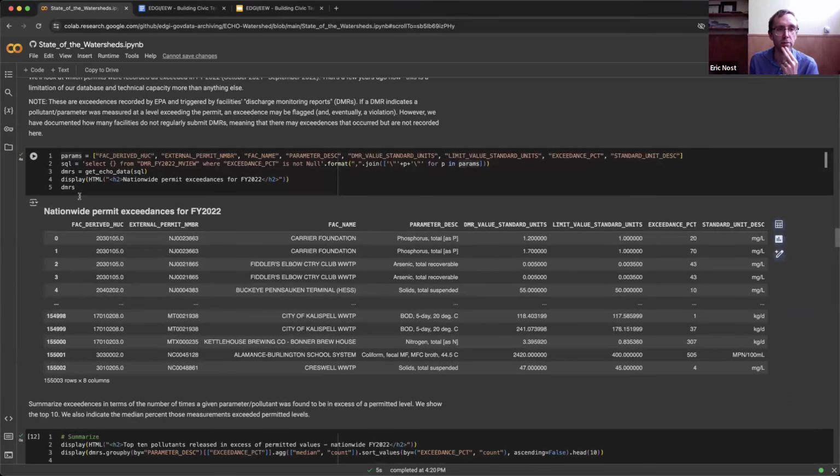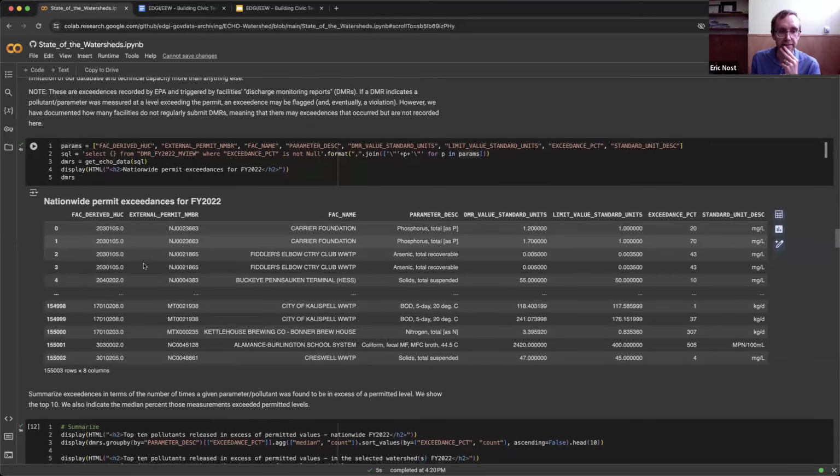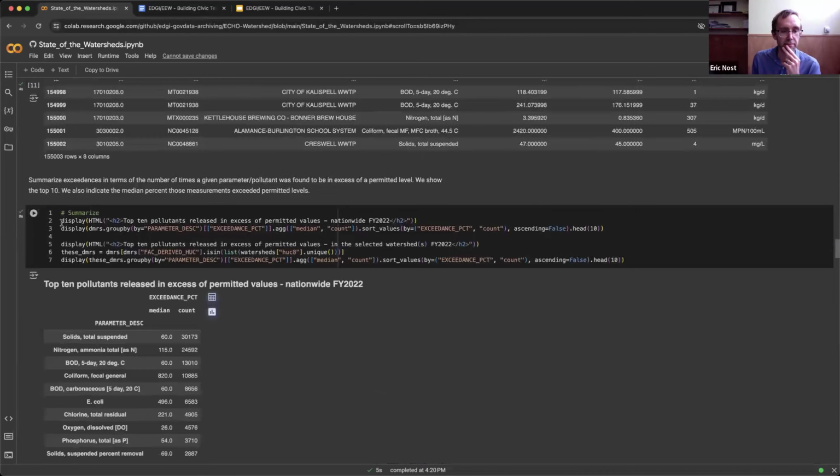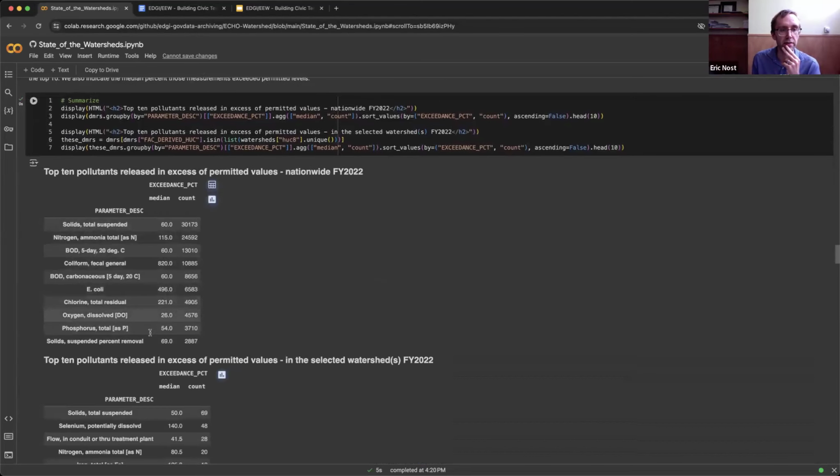And so here we're looking at all of the exceedances for fiscal year 2022. And this is just a summary here of some of the top pollutants in excess. Of course, total suspended solids, not a surprise here that it's the top, because we sorted this just by the number of exceedances, and we know it's the most frequently permitted one, so maybe not surprising it's the most exceeded.